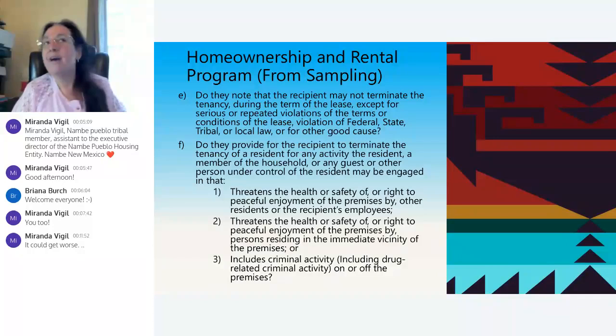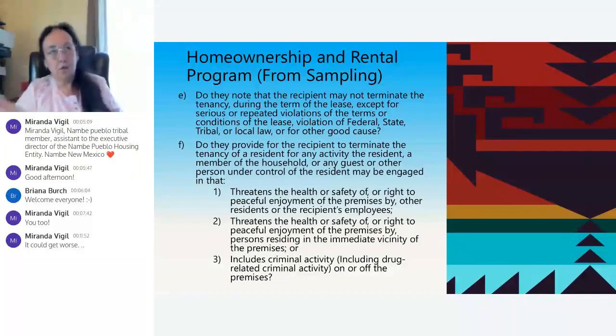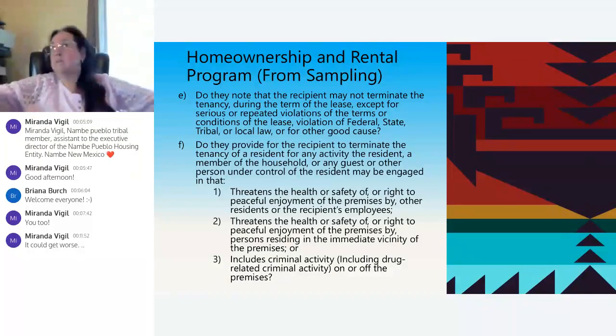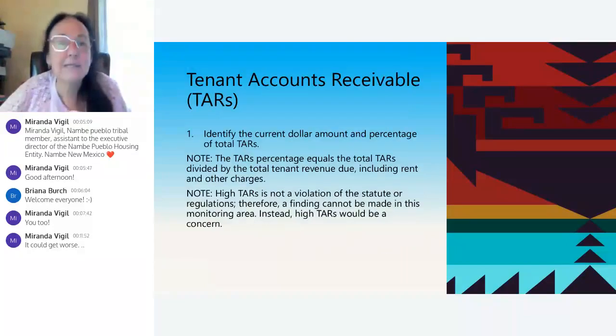So you don't have to have the incident take place in the unit. If it is a violation of law, drug-related, it could happen off your premises. It could happen in the neighboring town. But you have to have all of this stuff listed there.